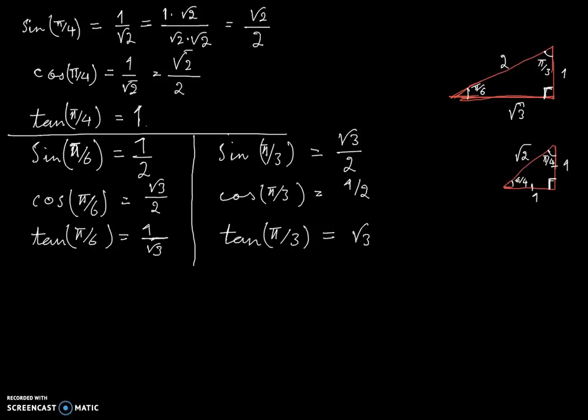So that's basically the trigonometric ratios of pi by 4, pi by 6, and pi by 3. And these are the angles that you should memorize, because you're going to use them a lot in trigonometry.